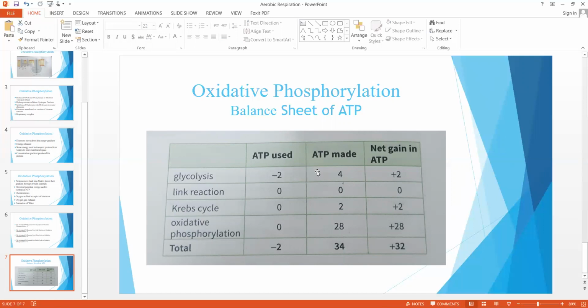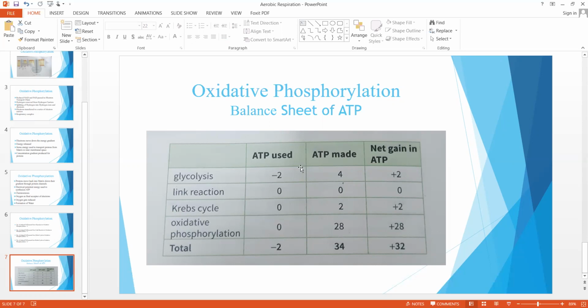The energy used for the synthesis of these ATP molecules, directly made in glycolysis or the Krebs cycle, is the chemical potential energy. We will talk about it later on. From where does this chemical energy come?